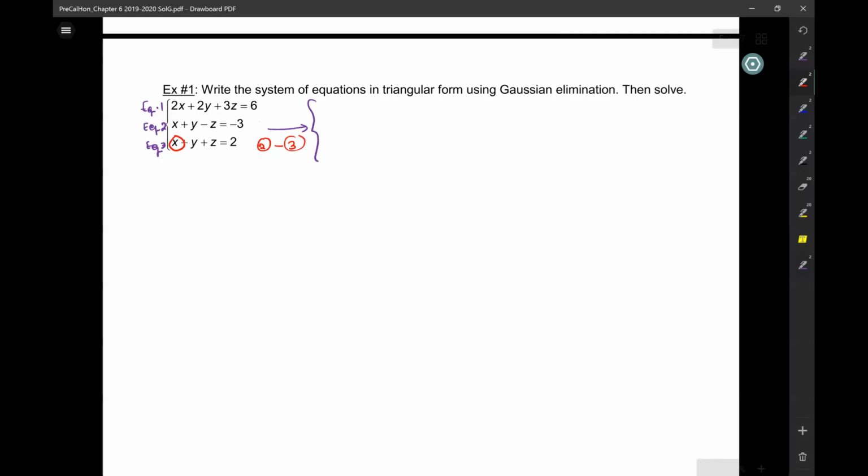And I'm going to replace equation 3 with that. So if I do equation 2 minus equation 3, I'm going to get 0, 0, minus 2z equals negative 5.